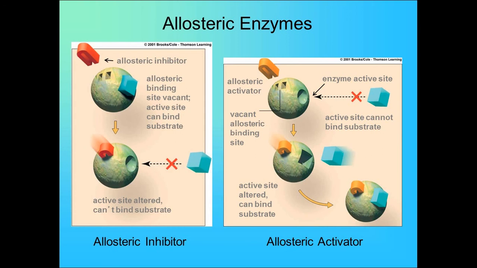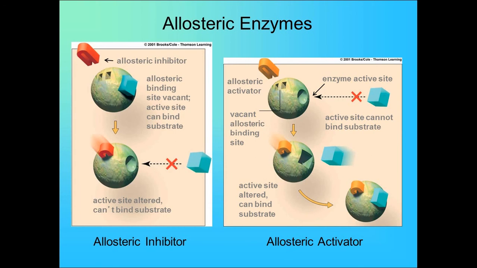These work by having a non-competitive inhibitor bind to a specific site on the enzyme. This site is called the allosteric site. When the non-competitive inhibitor is bound to the enzyme, we have an inactive enzyme. When the non-competitive inhibitor is gone, then we have an active enzyme.